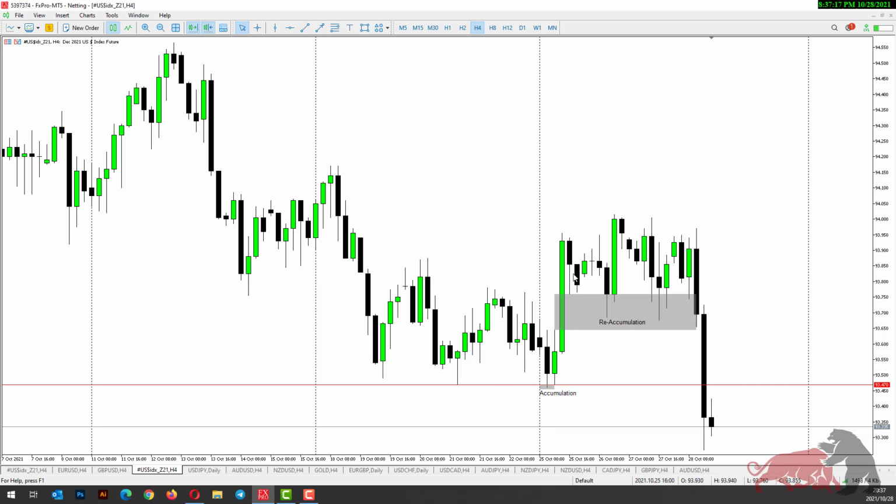After that, we saw a rally. This leg to the upside on Monday gave us the emphasis to hunt for reaccumulation, because price had already given us a signal. It has already showed us its intended price delivery, which was to the upside.